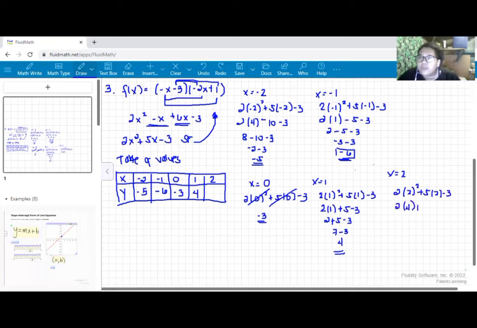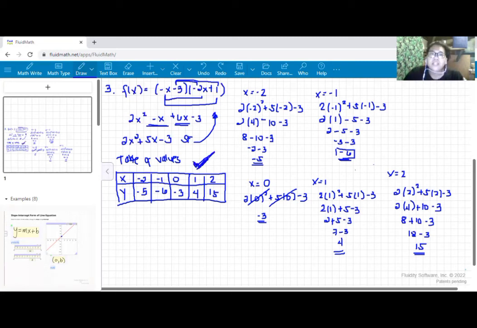So 5 times 2 is 10 positive minus 3. 2 times 4 is 8 plus 10 minus 3. So 8 plus 10 is 18 minus 3, the answer is 15. Therefore, this is 15.